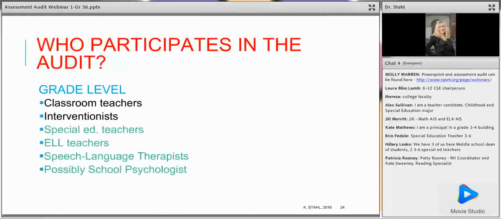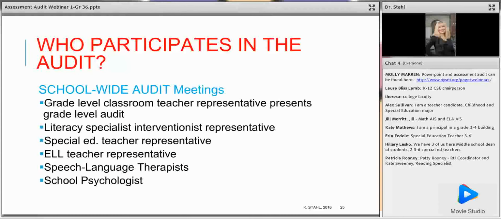And so the first step, if you're also doing this as a school or a district, the grade level audit is the first step. So first you get individuals to complete the audit form, then the grade level completes the audit form together, and these people feed into the grade level audit process, all right?